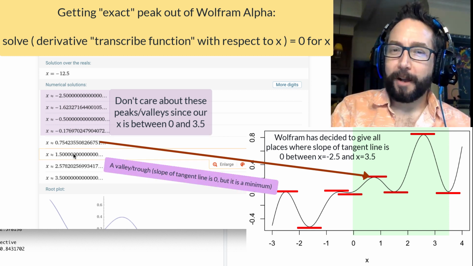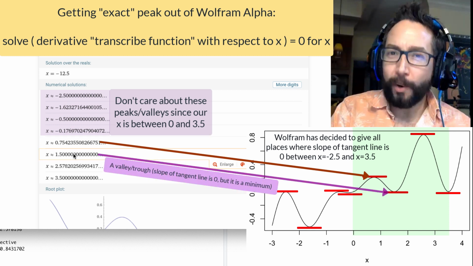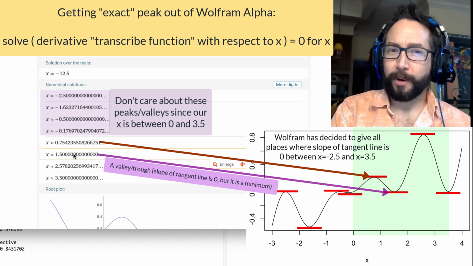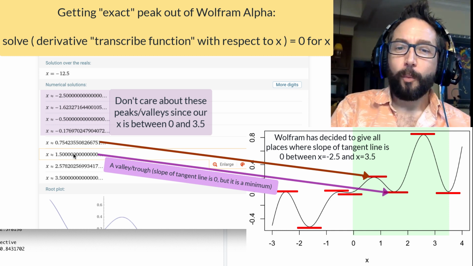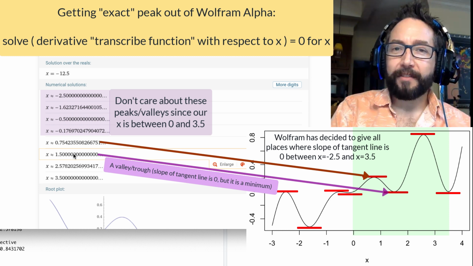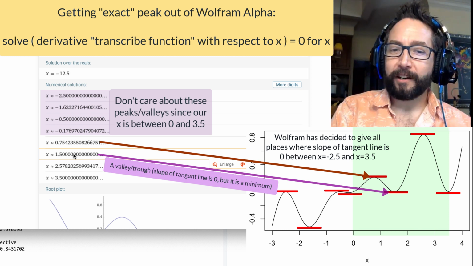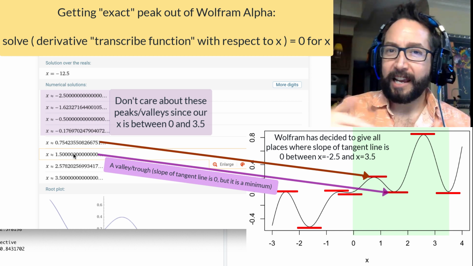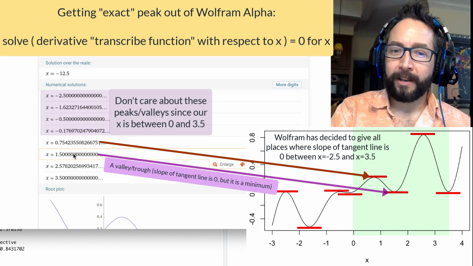Notice that Wolfram Alpha is spitting out an x of 1.5 as well. And that's weird because we didn't see a peak that was close to 1.5. What does that correspond to? Well, if we look at it, 1.5 is where this function momentarily ends up in a trough before increasing. So if we think of the derivative as the slope of the tangent line to the PDF at that point, at a minimum, the slope of that tangent line is also going to be 0.